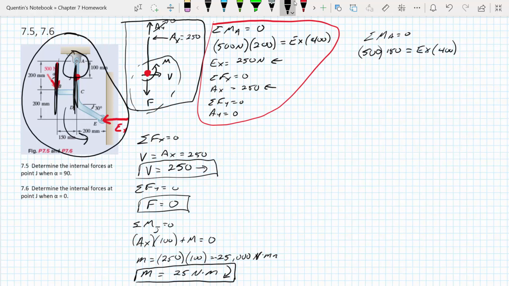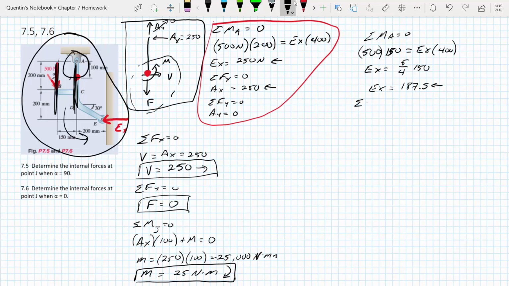So now EX is going to equal 5/4 of 150, which is, I cheated and wrote this out in advance, 187.5 in that direction. Okay, I don't need to circle this because this isn't really the answer. This is just an intermediate step.